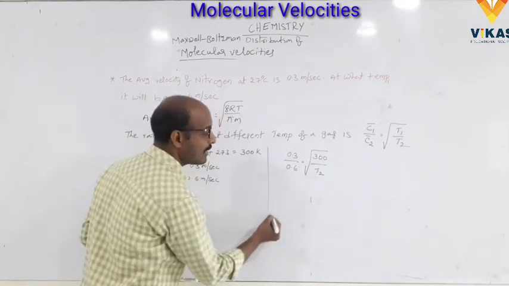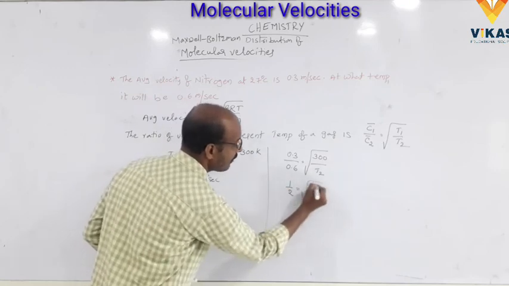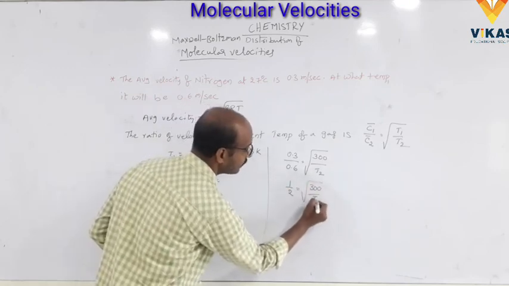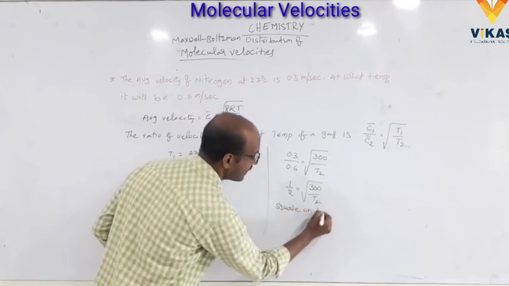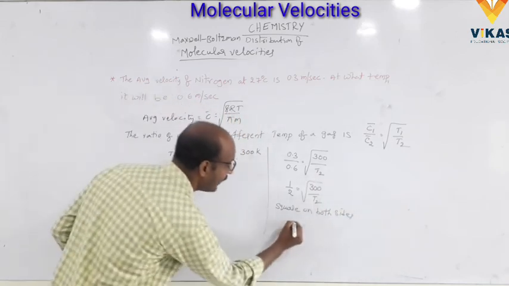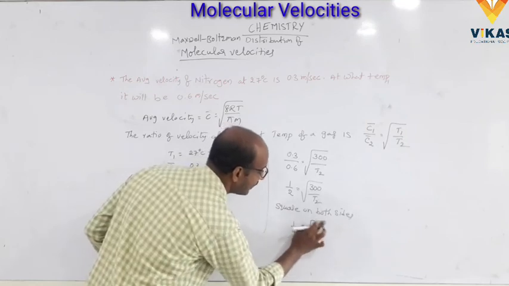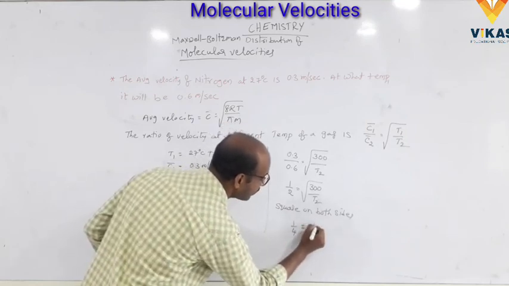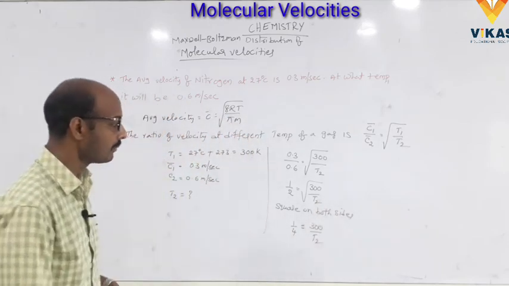So 0.3 by 0.6 is 1 by 2, equal to the square root of 300 by T2. Squaring both sides, 1 by 4 equals 300 by T2.